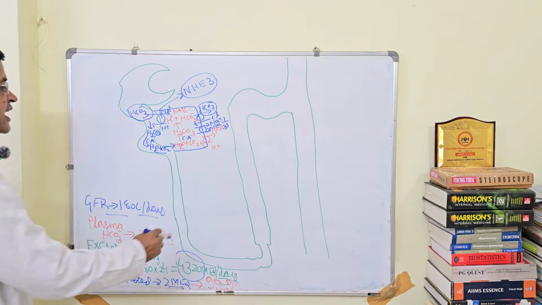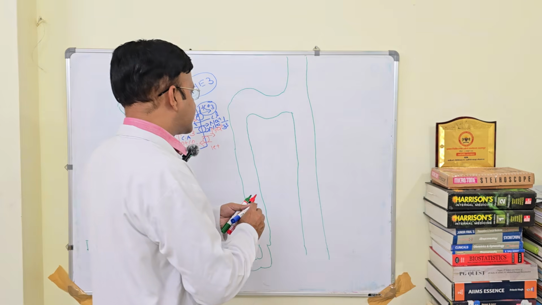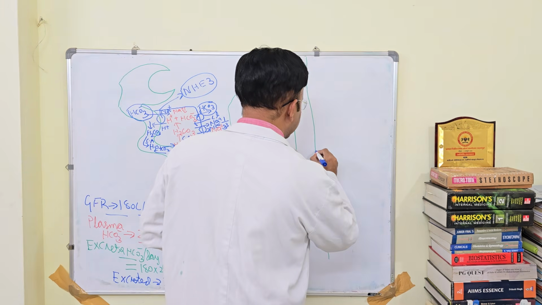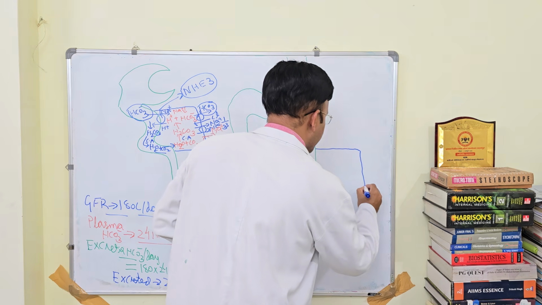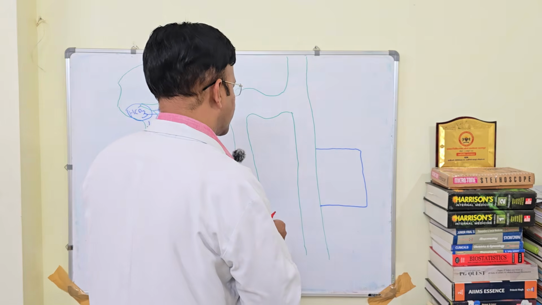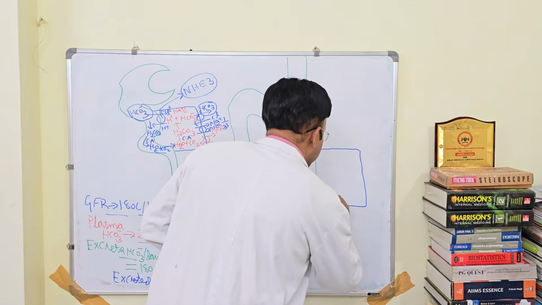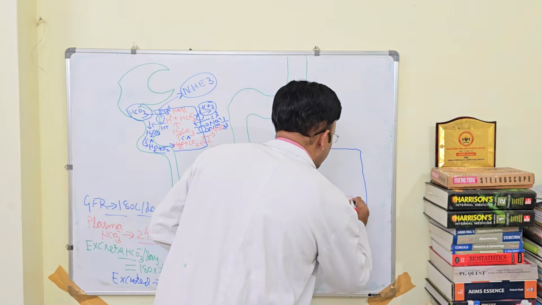Net excretion of H plus ion happens in our intercalated cells, right? We will draw intercalated cells over here. In intercalated cells, what we are going to see is that H2O will again combine with CO2.